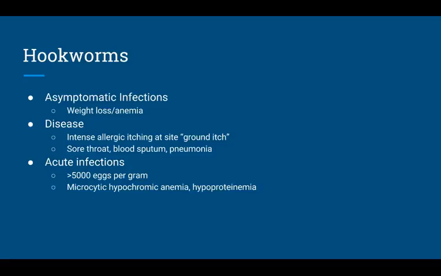They also will have sore throat, bloody sputum, and mild pneumonia. Acute infections, they have more than 5,000 eggs per gram of feces. That's a lot. These patients will usually develop microcytic hypochromic anemia and hypoproteinemia.